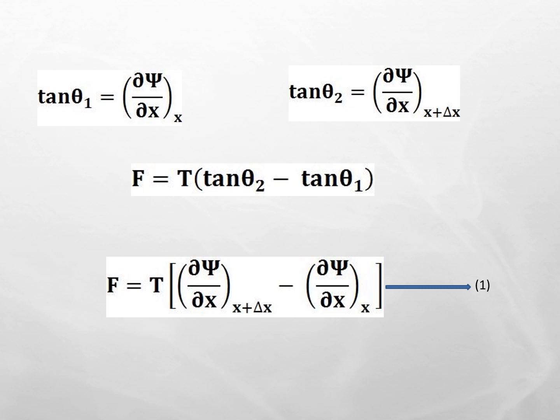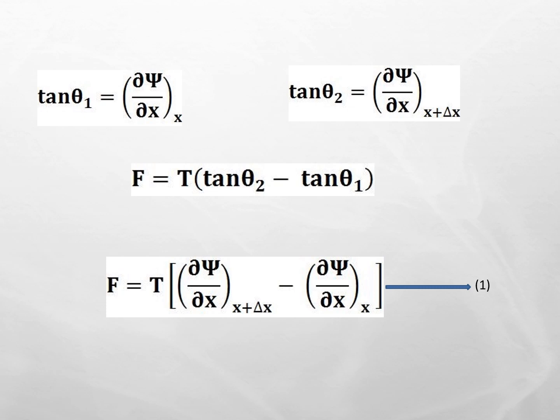Tan theta 1 is the slope of the curve at point P1, which is at a distance x from the origin. Therefore, tan theta 1 is written as dou psi by dou x at x, whereas tan theta 2 is the slope of the curve at point P2, which is at a distance x plus delta x from the origin.